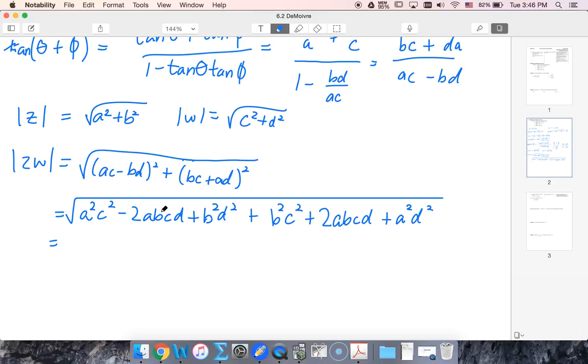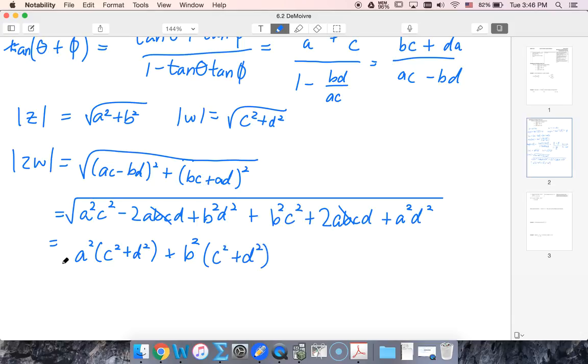So if I simplify, I'm going to end up with a squared c squared plus a squared d squared. So I'll factor out a squared, c squared plus d squared, plus b squared, I can do the same thing, c squared plus d squared.